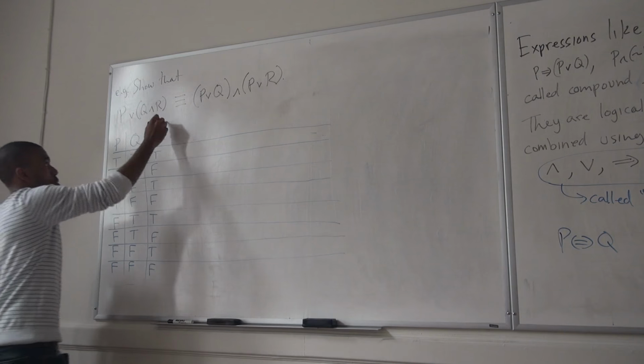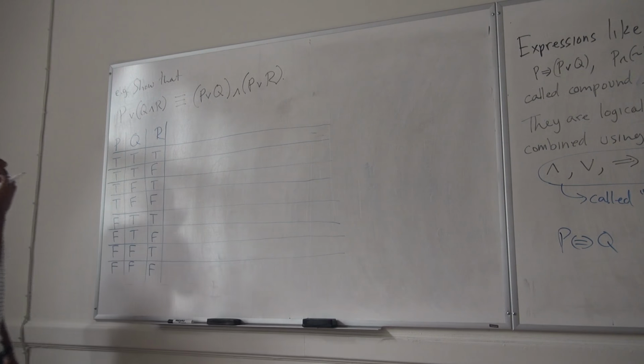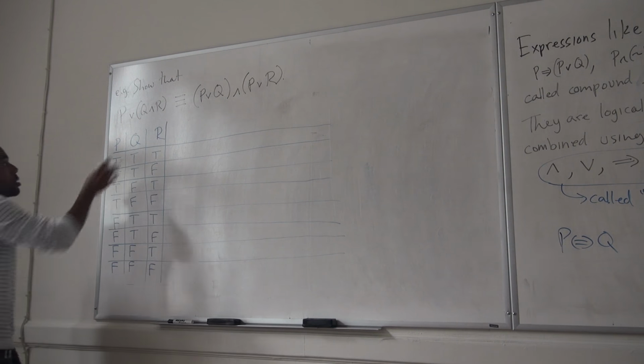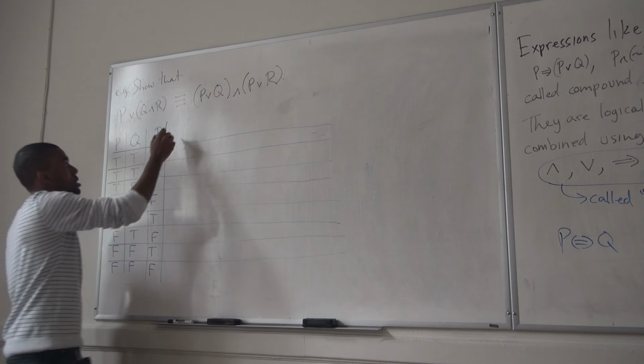Alright, so what do we want? Maybe having a Q and an R would be good.